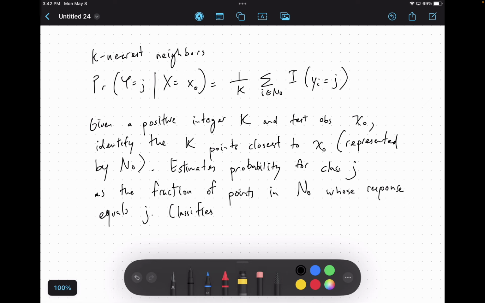Then classify x0 to the class with the largest probability.